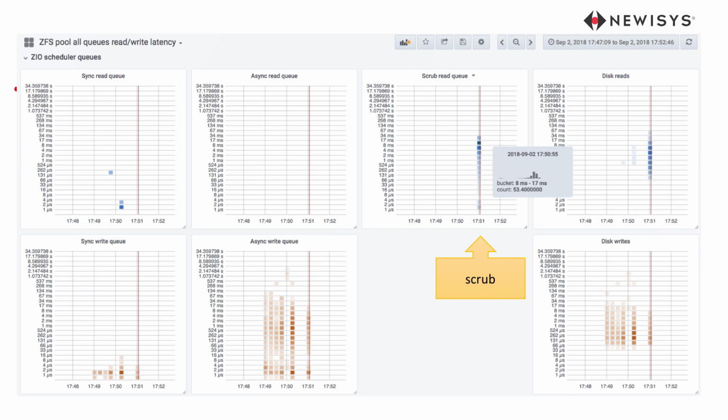And then the actual disk queues are on the right. What you can clearly see, or I tried to intentionally show you, is on the scrub read queue, there are a few IOs, or residency times, down around the 2 microsecond range, and then the bulk of them are way up around 8 milliseconds or so.